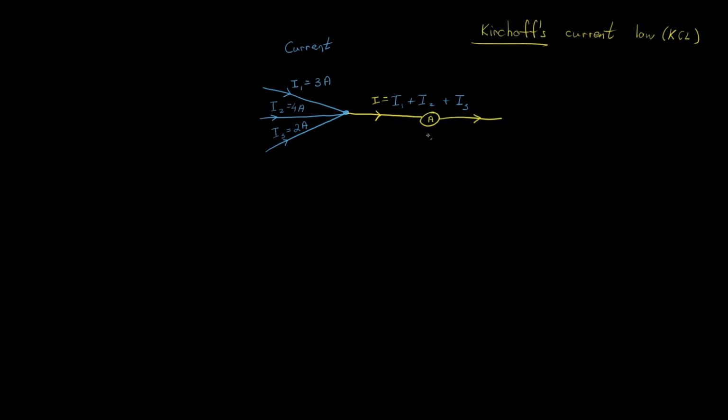And let's say what it tells us is that that current is equal to 9 amps. Now, what this also tells us is that this thing here is equal to 9 amps. Okay, that's the current. And we know that this should be equal to the sum of these three currents.